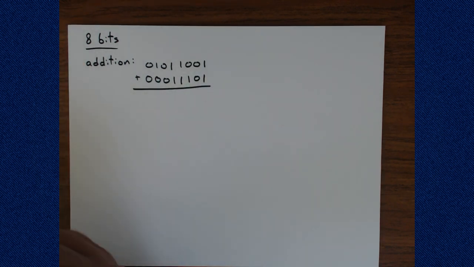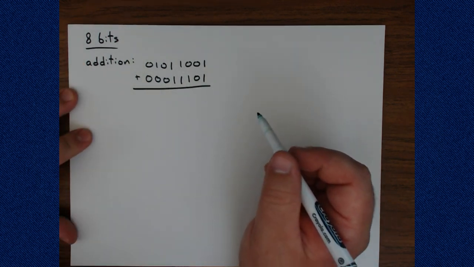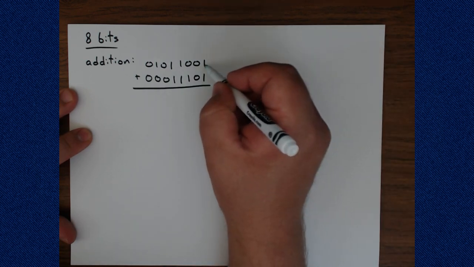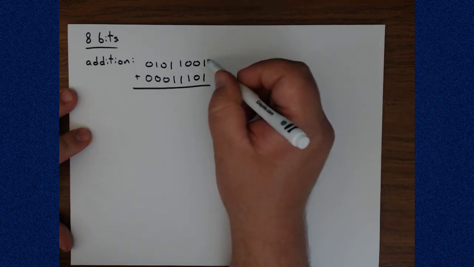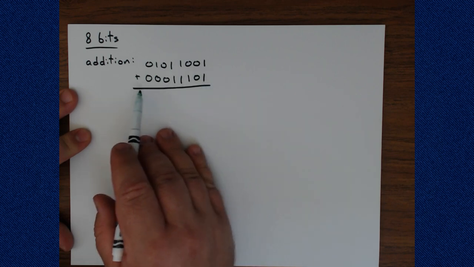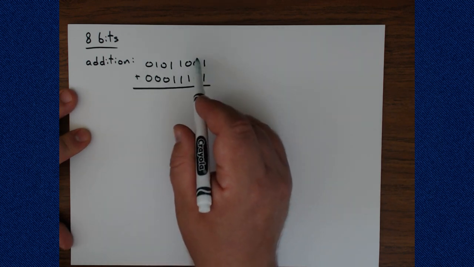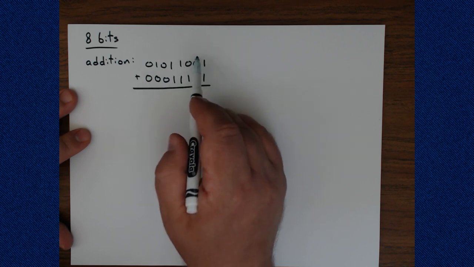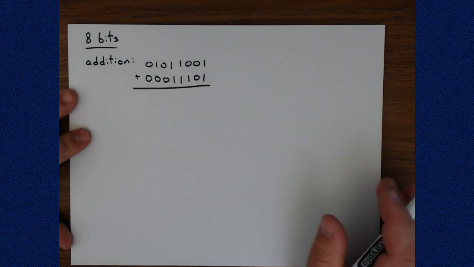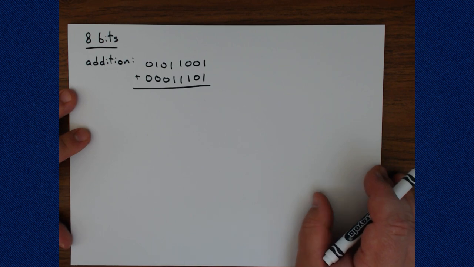All right, that seems relatively reasonable. Now, just like addition in decimal, we're going to start with these lower order digits and then work our way this way. And if we get a result that's too big for one digit, we'll carry the remaining digits across one or more of our other positions.